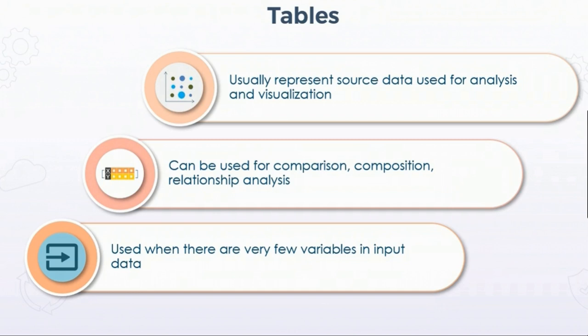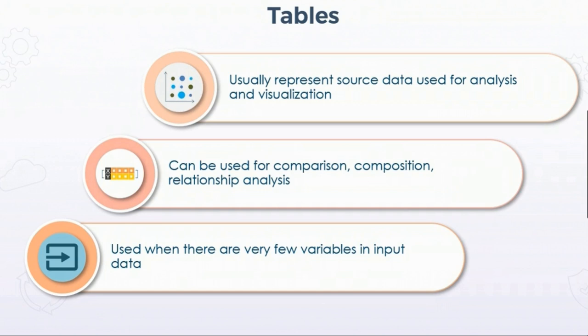Table is the one tool which we really use to represent source data used for analysis and visualization. And table also can be used for comparison, composition, and relationship analysis for different variables. And for raw data representation also we can use tables.